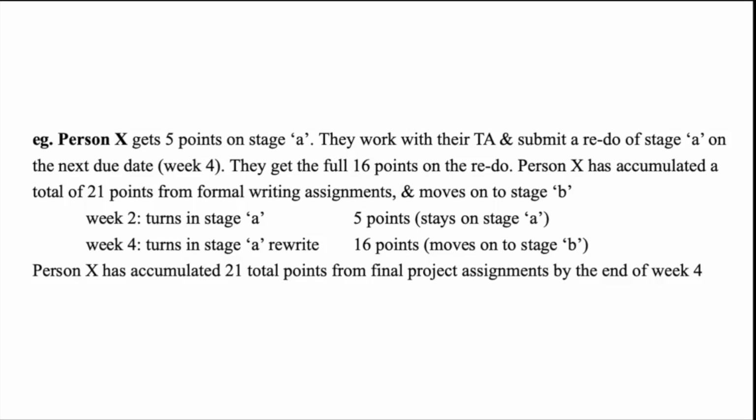Person X has accumulated a total of 21 points from formal writing assignments and moves on to stage B. So week 2 turns in stage A, gets 5 points. We'll keep those 5 points. Week 4 turns in stage A rewrite, gets 16 points on the rewrite, added onto the 5 points they got for their effort before. Person X has accumulated 21 total points from final project assignments by the end of week 4.